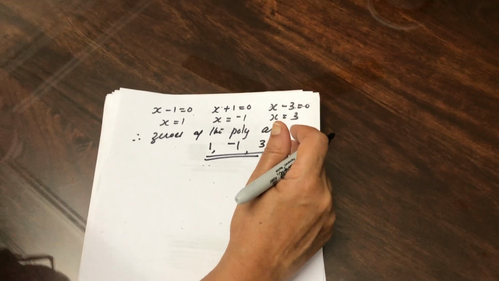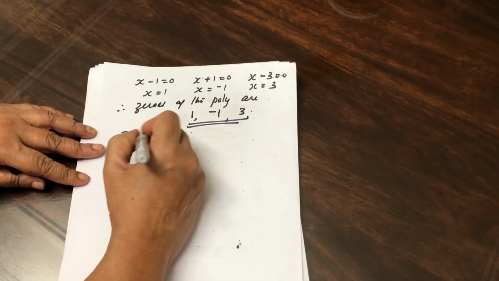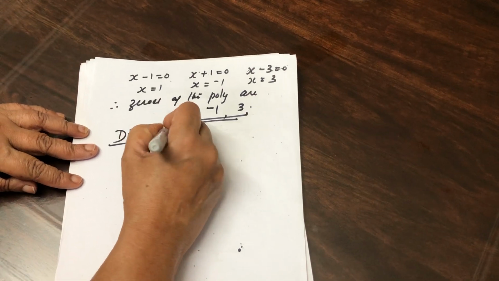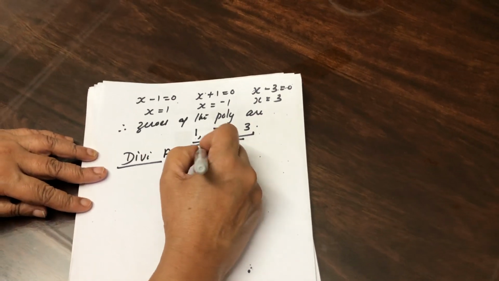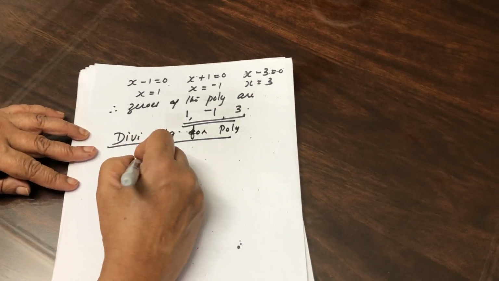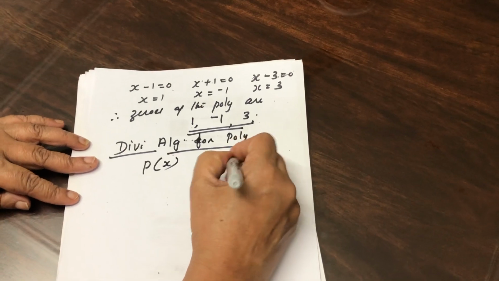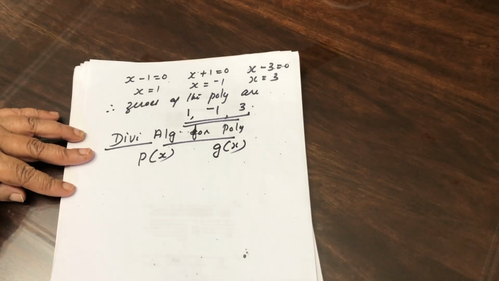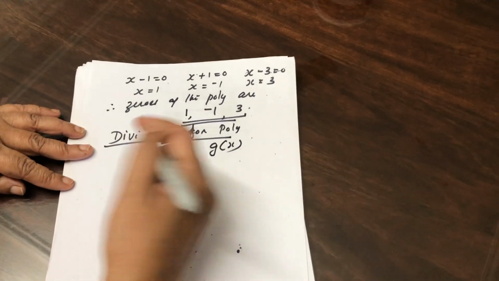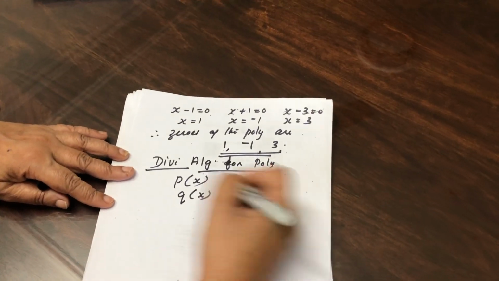So now I am going to explain what is the division algorithm for polynomials. We have to take our polynomial as p(x). When it is divided by another polynomial g(x), there exist 2 other polynomials, one is q(x) and other is r(x).